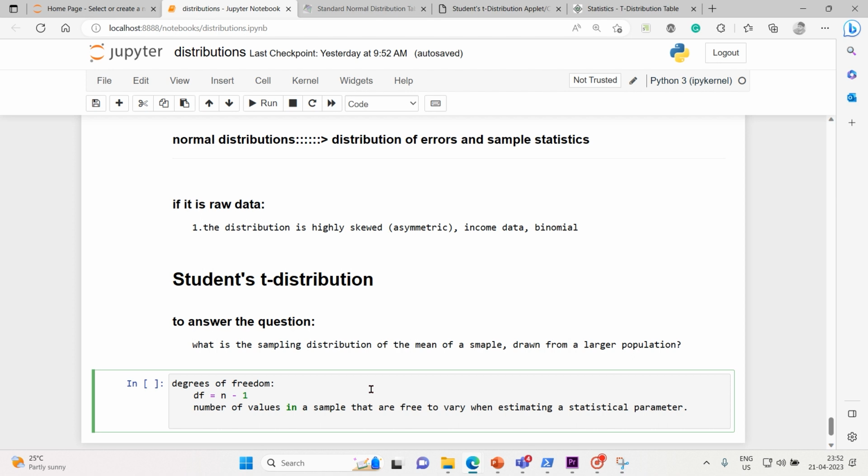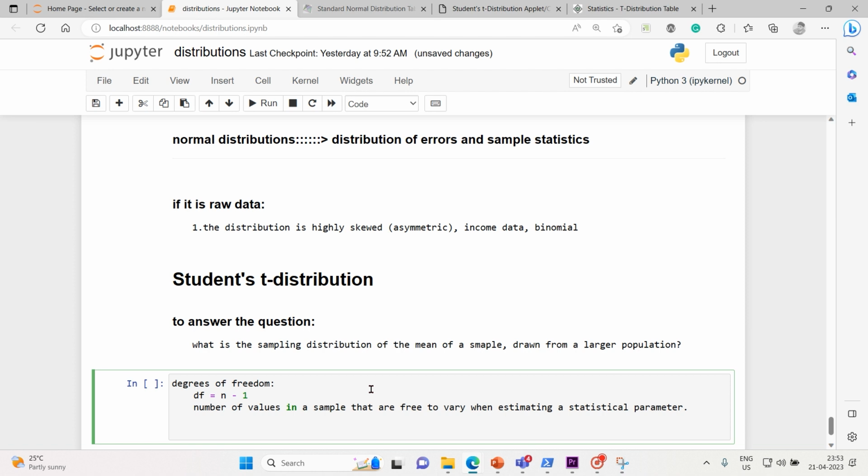So when calculating the sample mean, for example, we use the sum of the values in the sample. But we have to subtract one value from that sum to estimate the population mean.